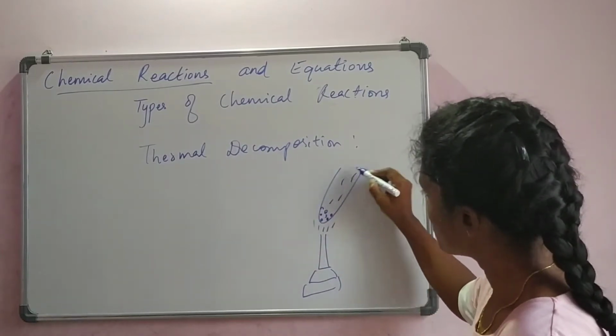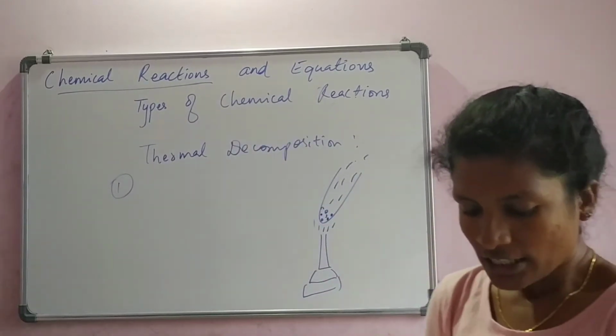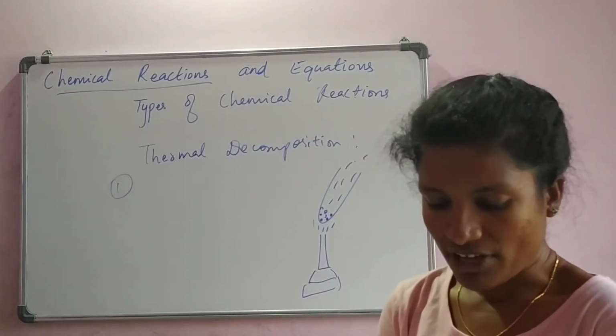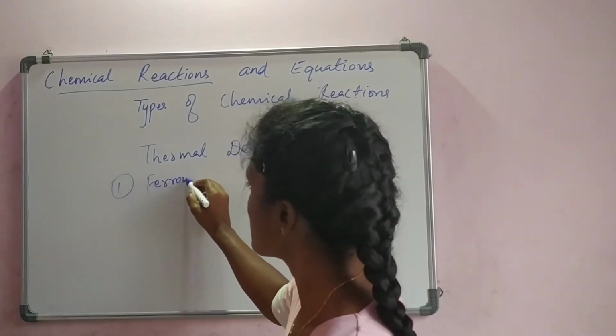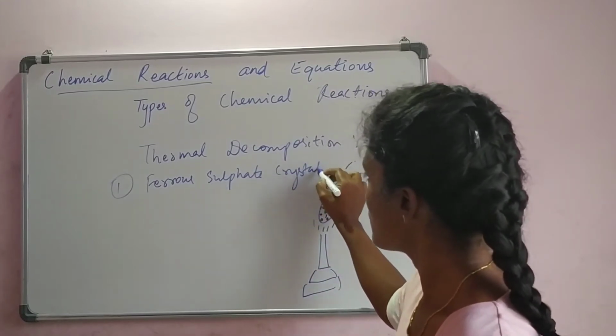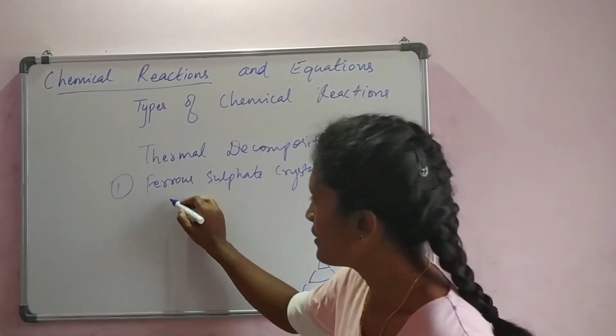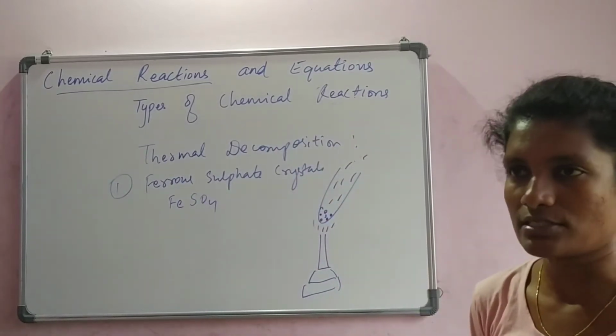I will tell you what those are. So step number 1: take about 2 grams of ferrous sulfate crystals. What is this ferrous sulfate? FeSO4. This is the formula of ferrous sulfate.